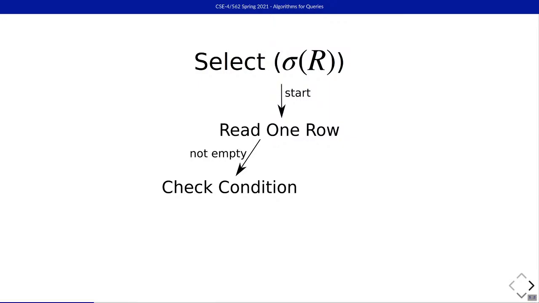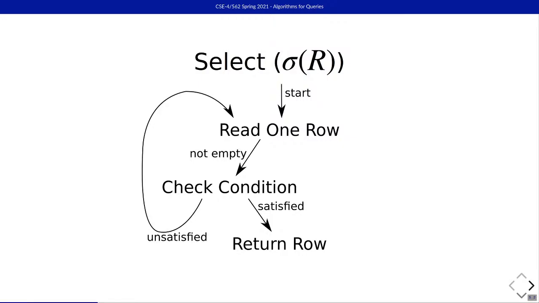If that's the case, we're going to check to see whether that tuple satisfies the condition that we're being asked to satisfy. And if so, great. We're going to return that record. If it turns out that the condition is not satisfied, we're going to try again. We're going to go back to the very beginning, read the next row, and repeat the entire process. Check the condition and return the row if satisfied, and go back again if not.